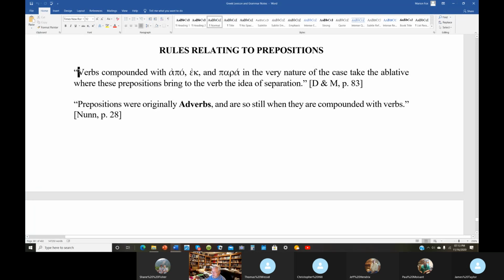Verbs compounded with apo, ek, and para, in the very nature of the case, take the ablative where these prepositions bring the verbality of separation. Now remember, prepositions originally were adverbs. And when you compound them, they still are adverbs. Now I'm going to write a word up here.